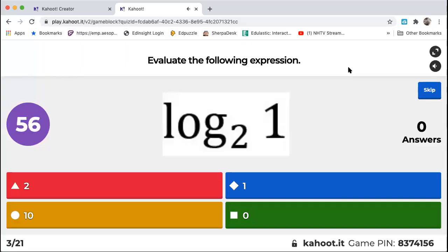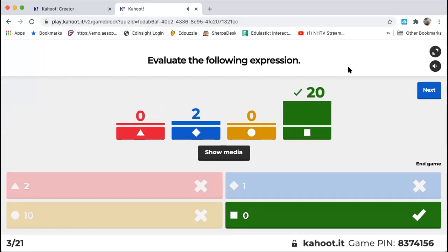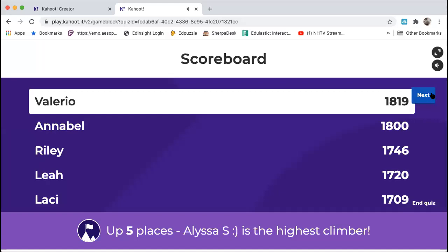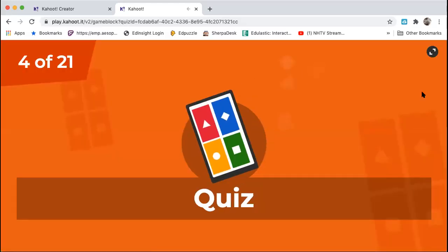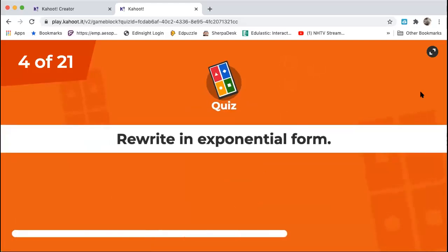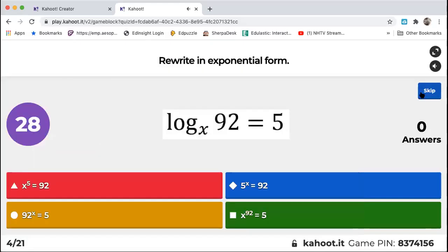So evaluate. Write this as an exponent. So change it to exponential form, and then what would it equal? Good. So there's our log function. Can you write it as an exponent?